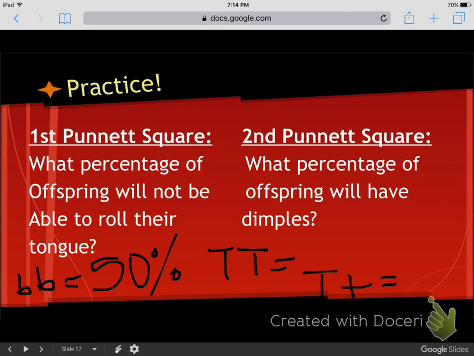So in your Punnett square, there was 1 square out of 4 that had big T, and there were 2 squares that had big T, little t. When you add those together and count up how many squares total had a capital letter in it, you get 3 out of 4, which means that 75% of the offspring are going to have dimples.